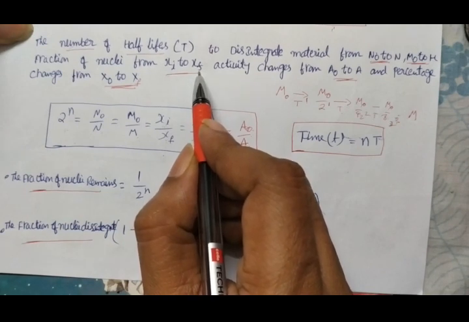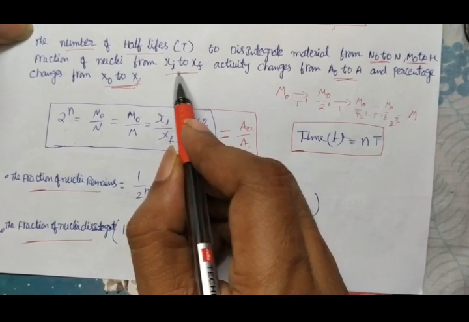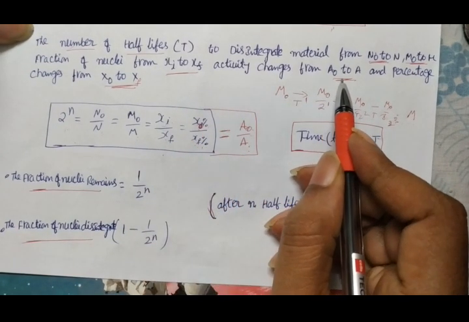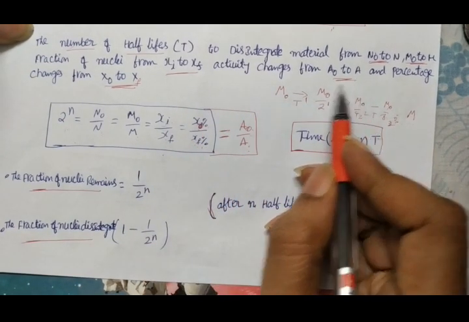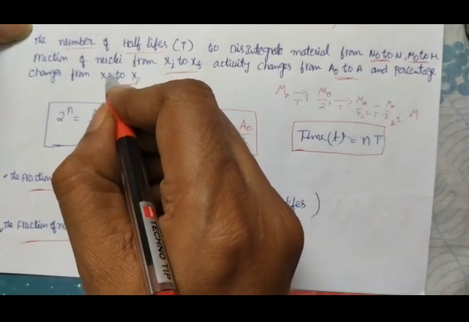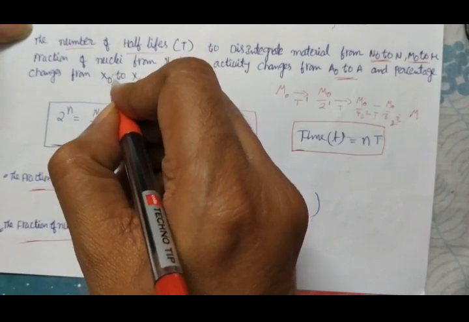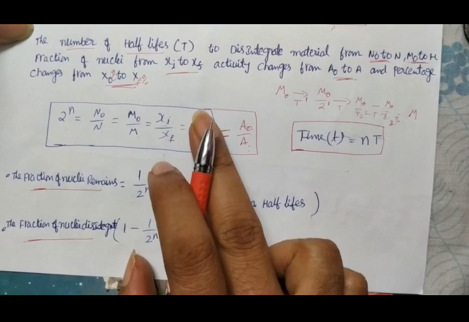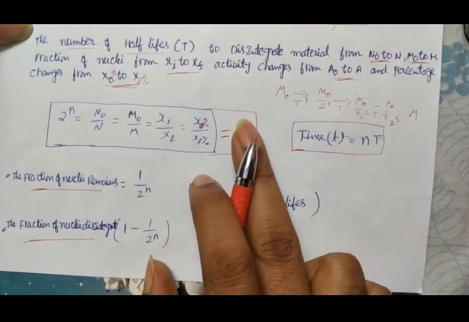How much time does it take, or after how many half-lives does it happen? The initial activity is A0, and after how many half-lives it becomes A? And the initial percentage is X0 percent and the final percentage is X final percent. After how many half-lives does it become like this?